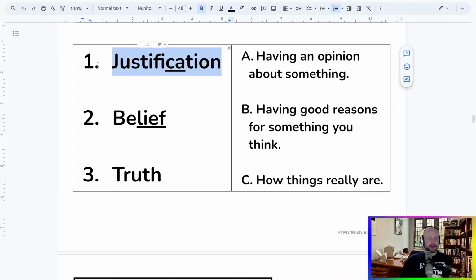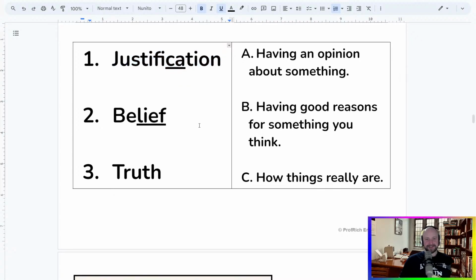Now, if I believe something is true and it is true, that is still not knowledge. Knowledge also requires justification. So I need to have a belief. The belief must be true, and I must have justification for my belief. Then I have knowledge.